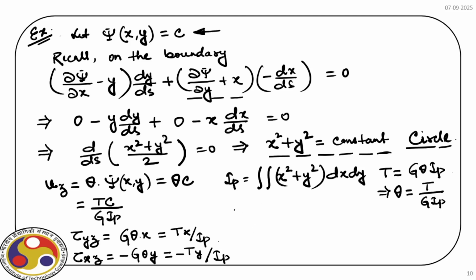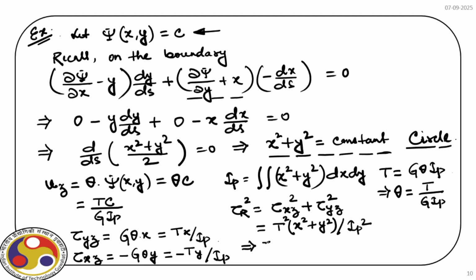Now what is the resultant stress? Tau r square is equal to tau xz square plus tau yz square. Now if we put the expression of tau xz and tau yz, you will get T square x square plus T square y square divided by IP square.